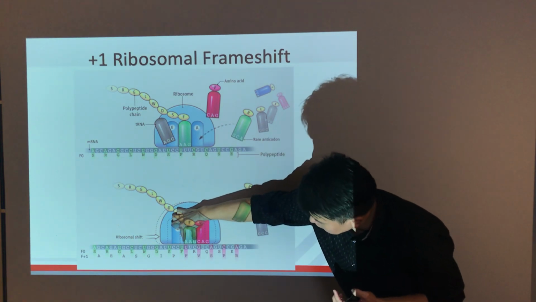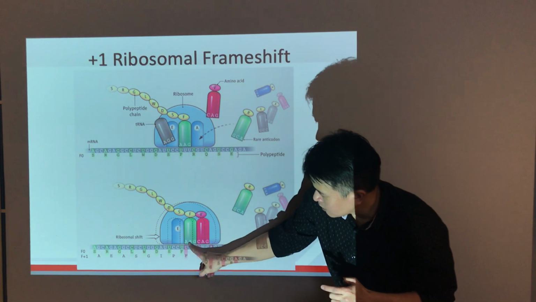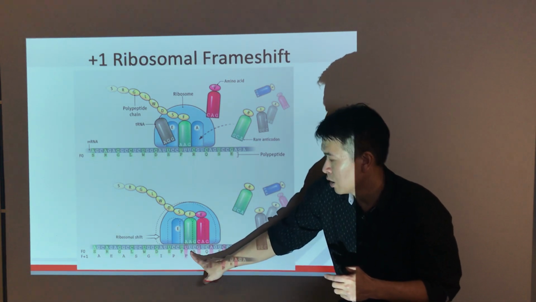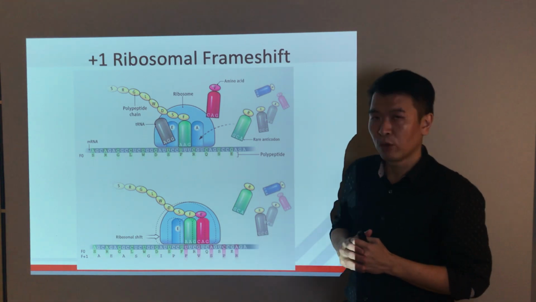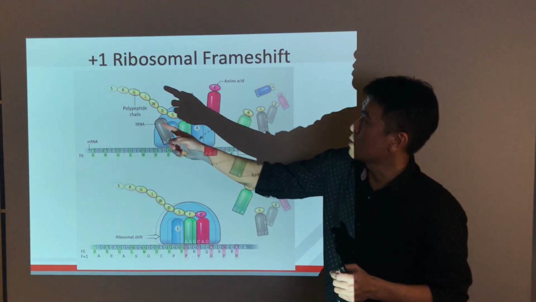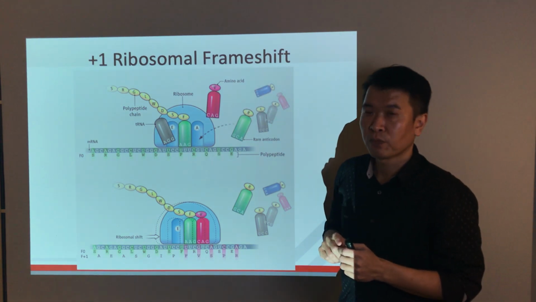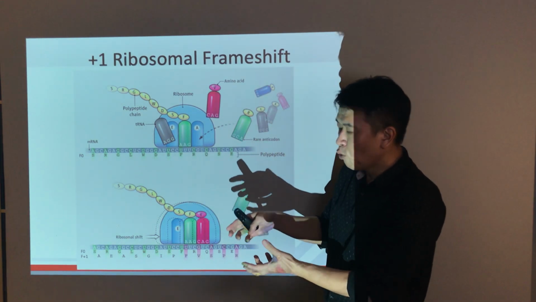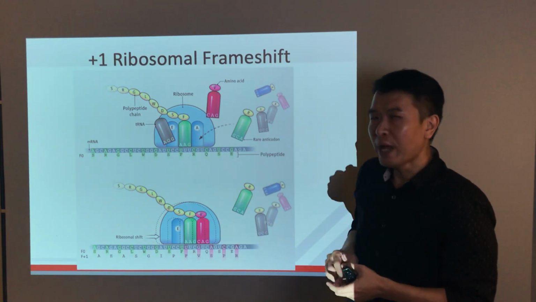As you can see here, it moved one nucleotide forward. So now this becomes complementary to the UUC of the original nucleotide. This is what we mean by +1 ribosomal frameshift. Alright? It just moved one nucleotide forward. So what happened here?